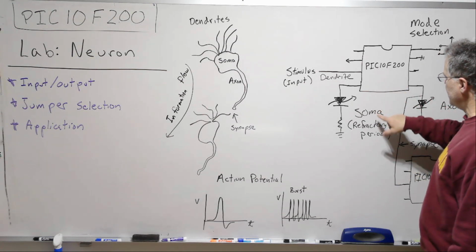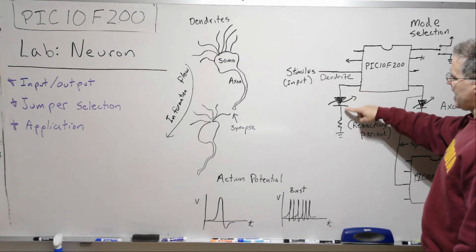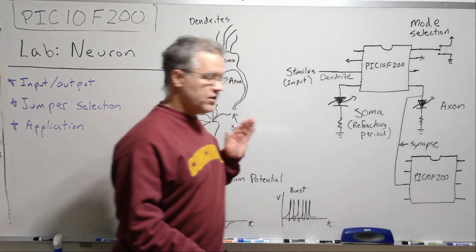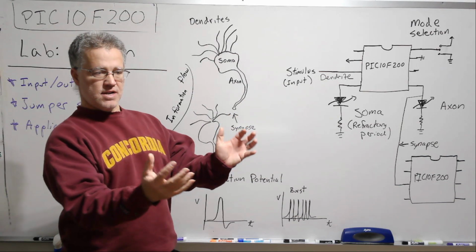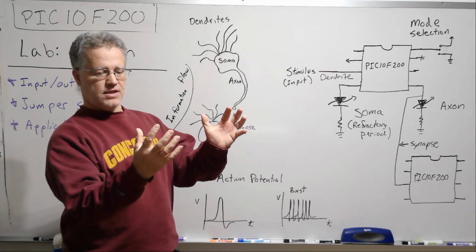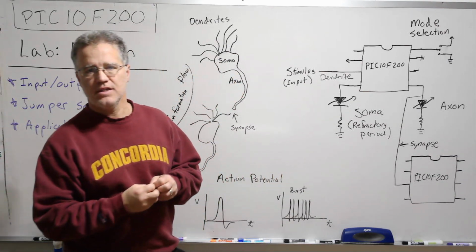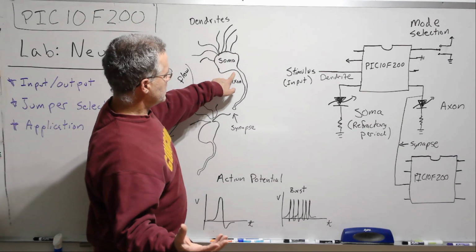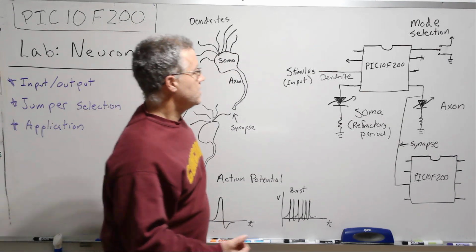This will cause the soma to fire, so we're going to represent that as a LED, and that will be on continuously during the whole refractory period. So this is representing the one time that the neuron has integrated the signal and developed the threshold voltage at the axon hillock that will result in the action potential.